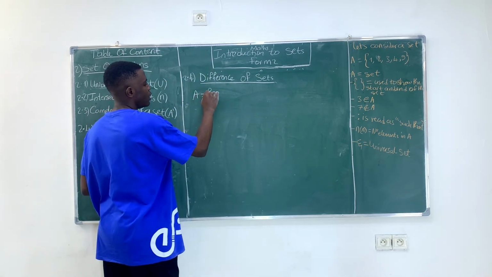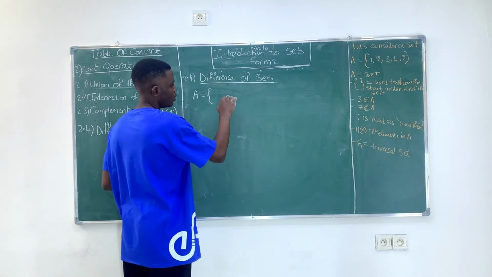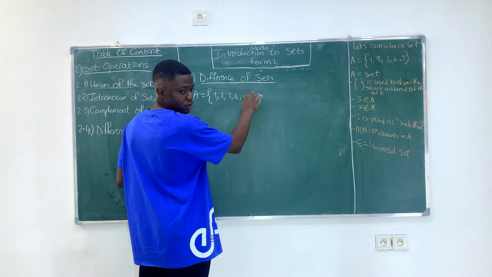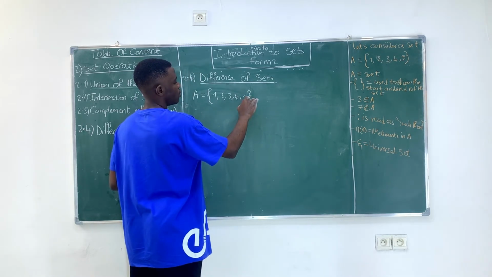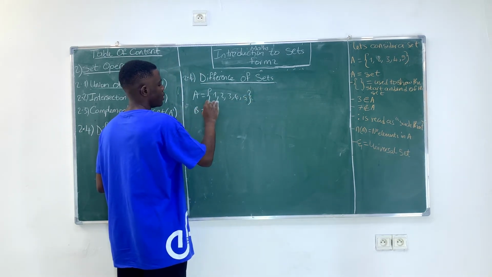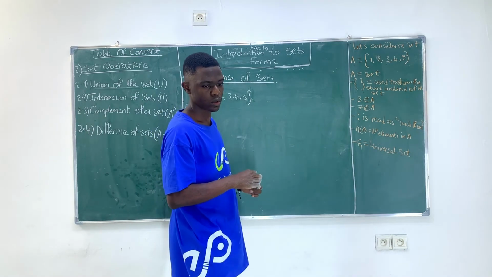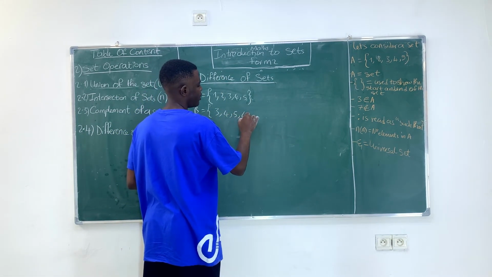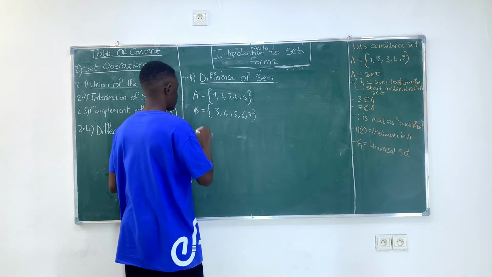So, for example, we have A is 1, 2, 3, 4, 5. And B is equal to 3, 4, 5, 6, 7.